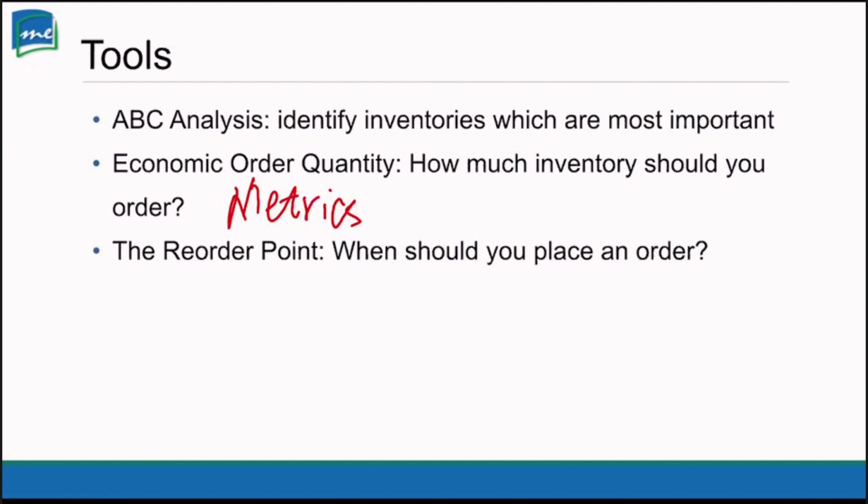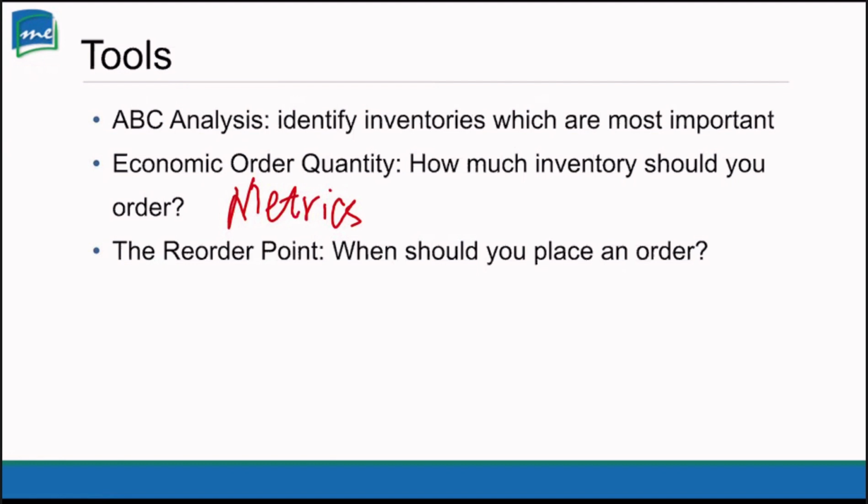For this video, we focus on the ABC analysis, which helps managers to identify the inventories which are the most important. And for the next video, we will start to discuss the EOQ and the 3 metrics. The EOQ is the tool which helps managers decide how much inventory they should order.